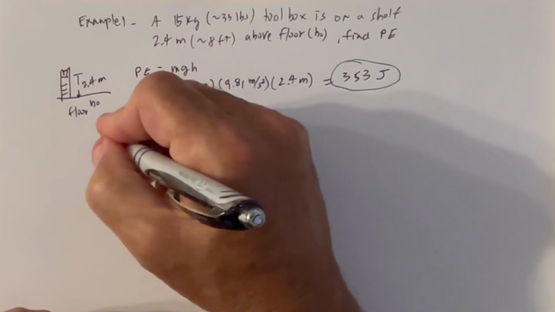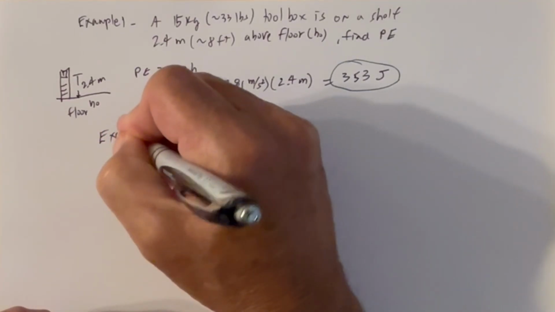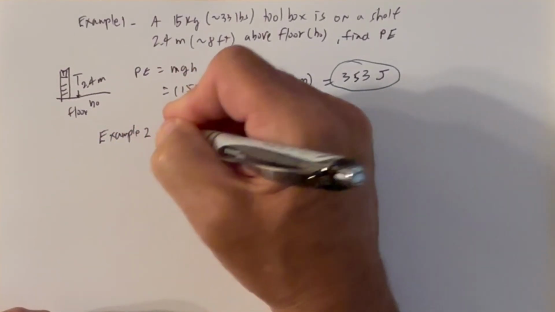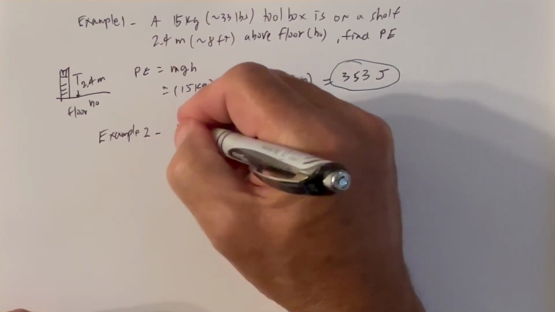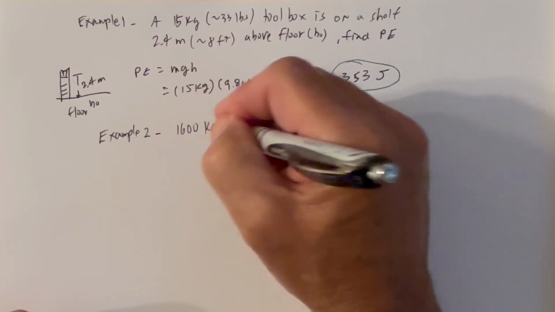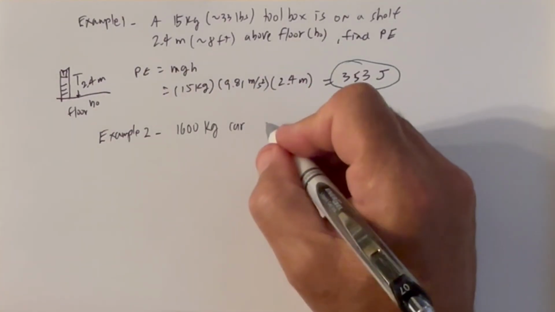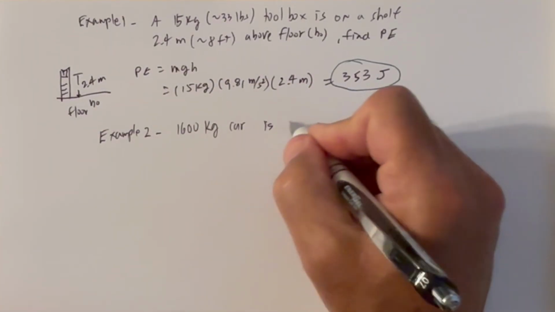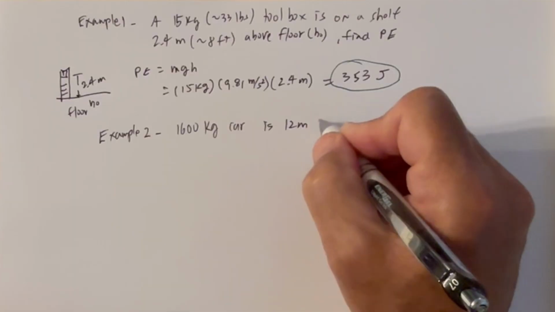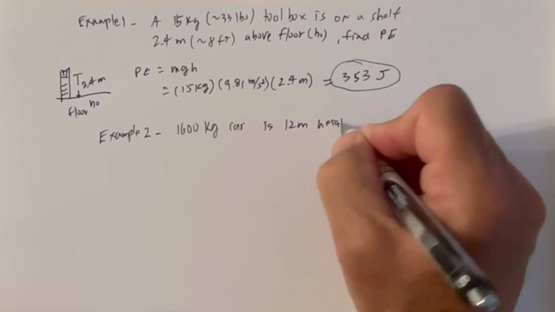Now let's look at a second example. Here we've got a 1,600 kilogram car. That would be like your standard sedan that people would drive, or small SUV. So that's a pretty realistic number. And it's going to be 12 meters high in height.